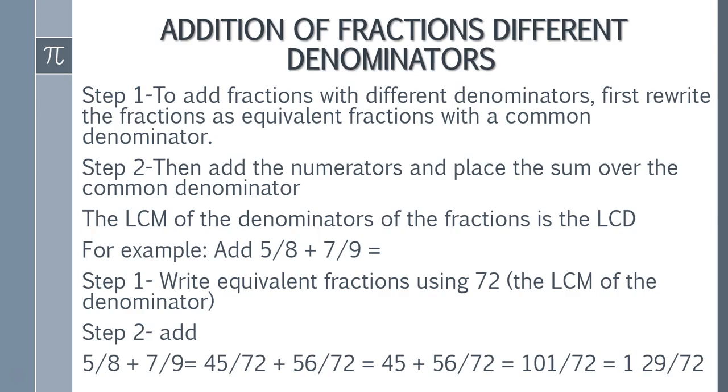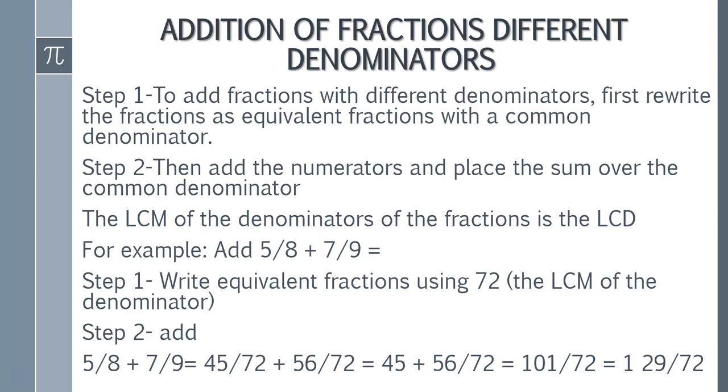Remember, you cannot add fractions together if the denominator is different. You first need to transform the denominator to be the same. Then we add the numerators and place the sum over the common denominator. In order to do this, we have to find the LCM, or the least common multiple, of the denominators of the fractions.